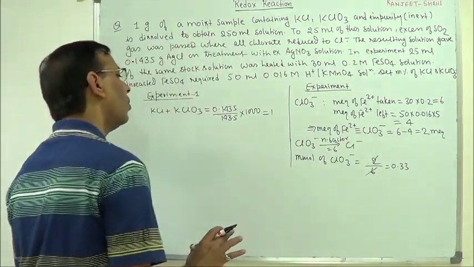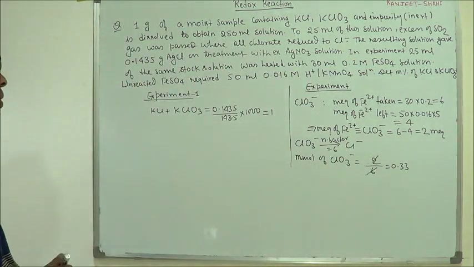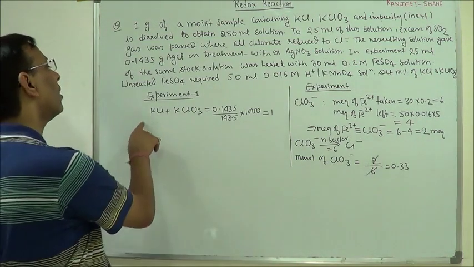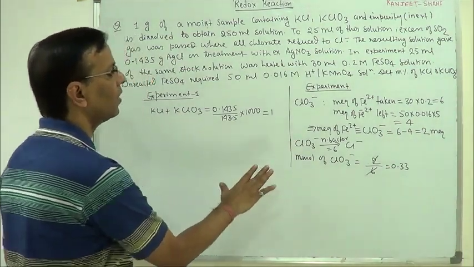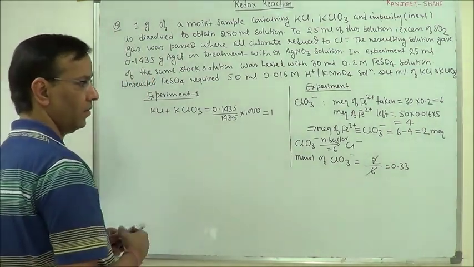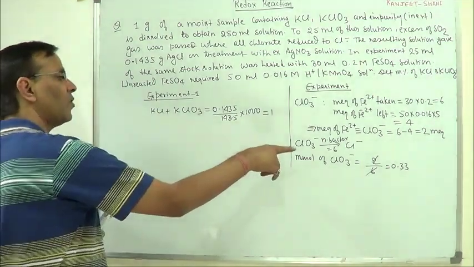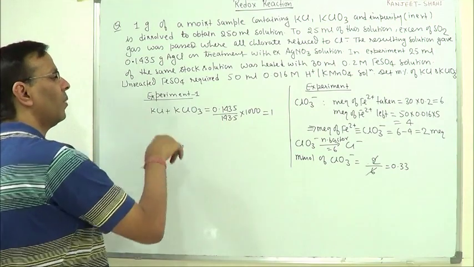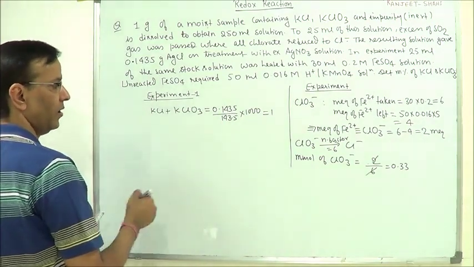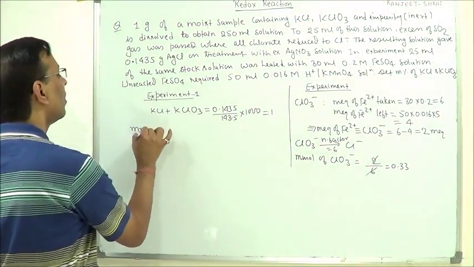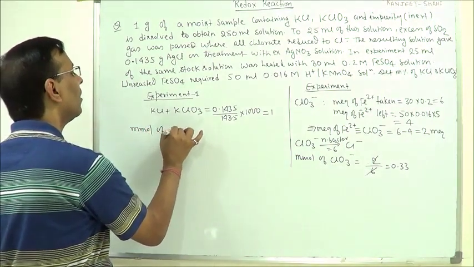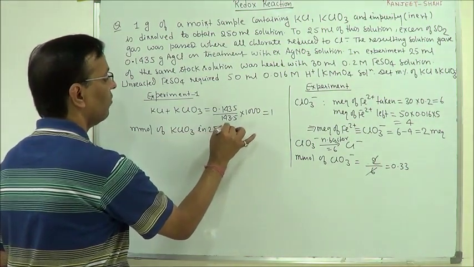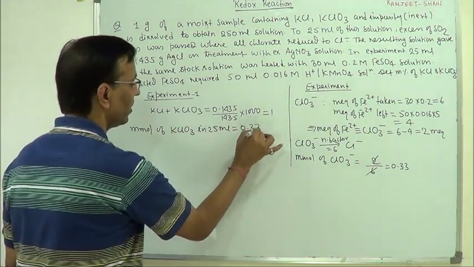So now millimole of chlorate is known, and total millimole is also known, and all these are on 25 ml basis. So if we subtract millimole of KClO3 from 1, that gives millimole of KCl in 25 ml. Millimole of KClO3 in 25 ml we have just determined, 0.33.